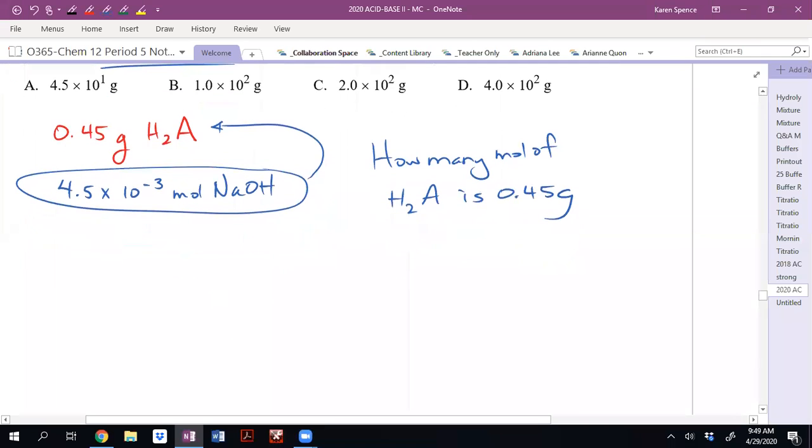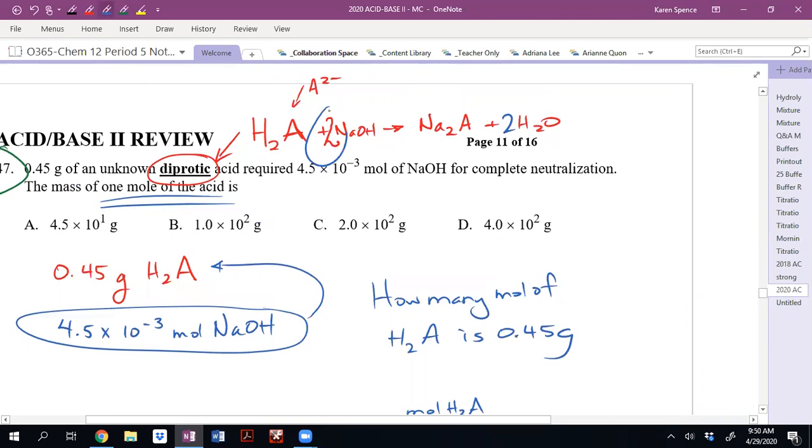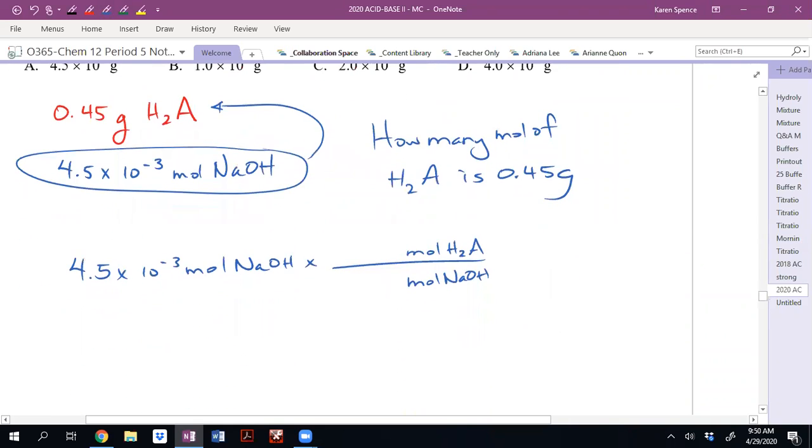Okay, so we're going to say we have 4.5 times 10 to the minus 3 moles of NaOH. And we want to find how many moles of H2A we have. We want to cancel moles of NaOH. And our ratio, we go back up, is a 2-to-1 ratio. So 2 there and 1 there.